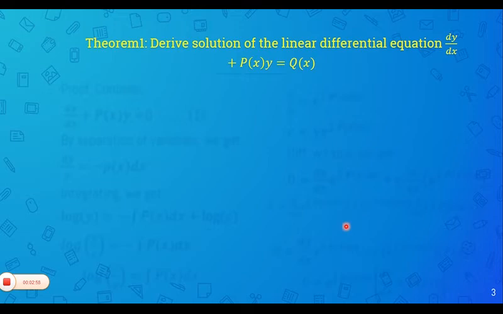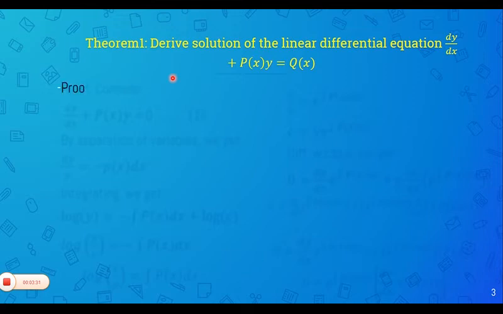To derive the solution, we have to find such a factor that if we multiply the left hand side of the given differential equation by it, then the left hand side will become a perfect derivative, and such a factor is called an integrating factor. So the first target is to find such an integrating factor for this given differential equation.